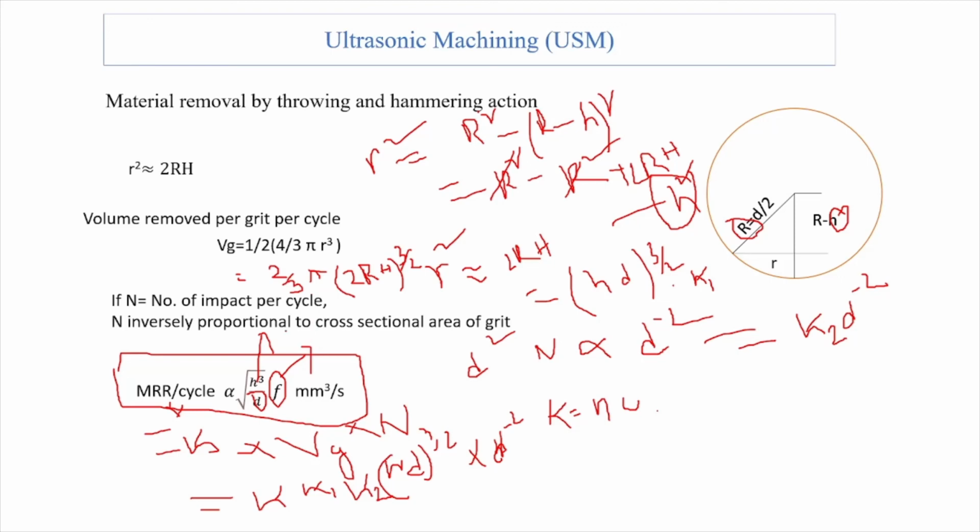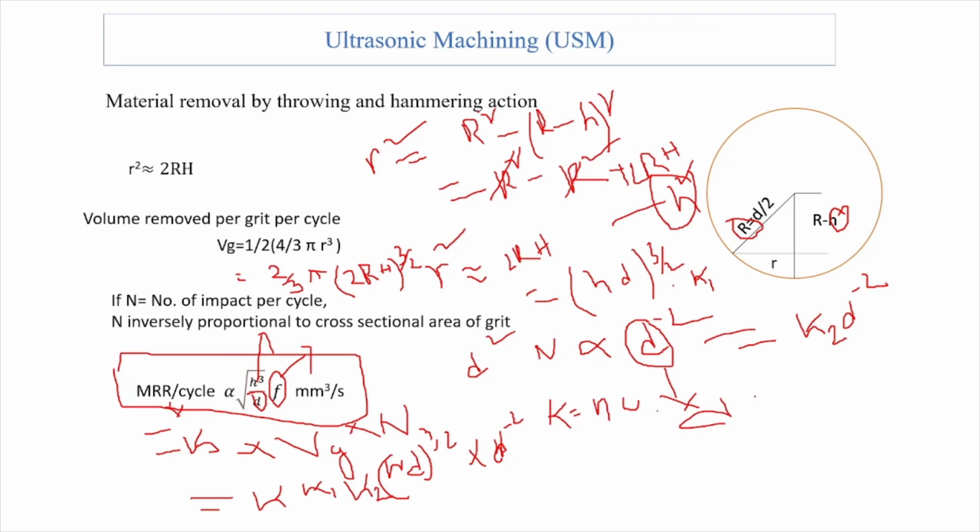And from that we get the number of impacts per cycle. As we have seen in one question in the assignment, how is the number of impacts per cycle dependent on the abrasive grits? We have seen that the number of impacts per cycle is inversely proportional to the cross sectional area of the grit, that is the diameter of the grit.